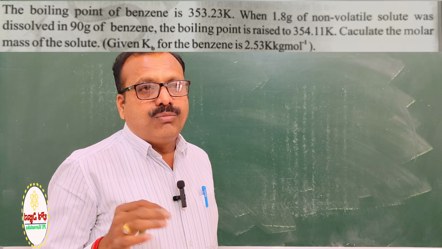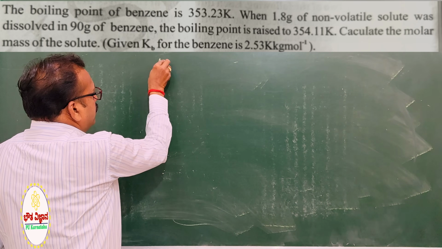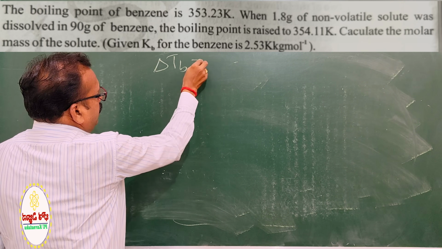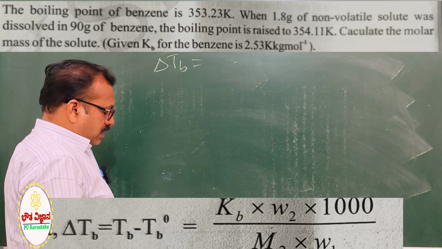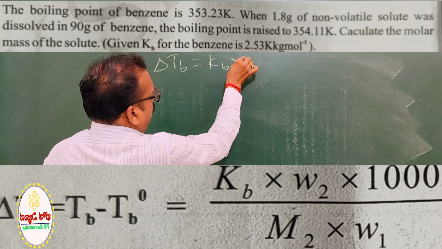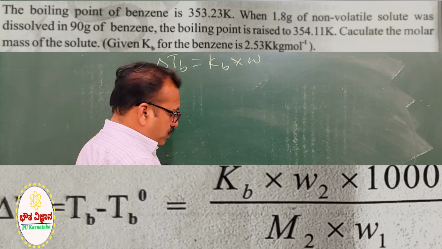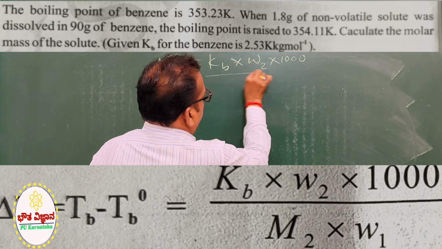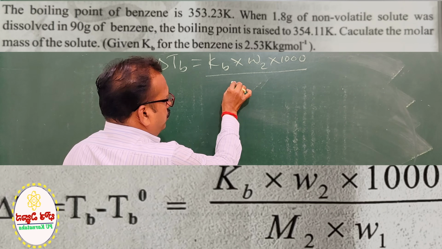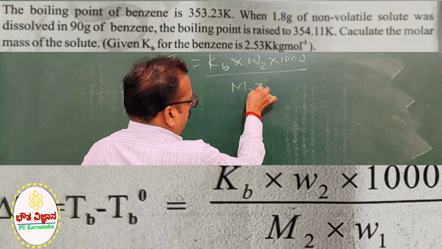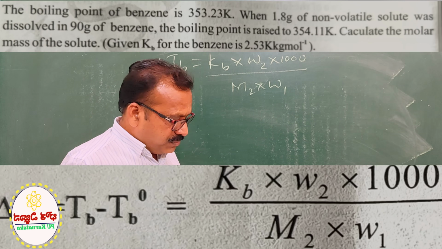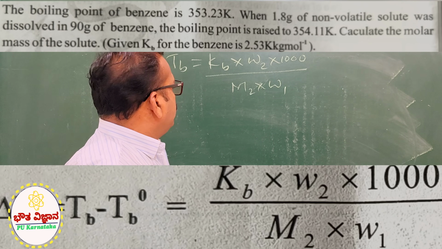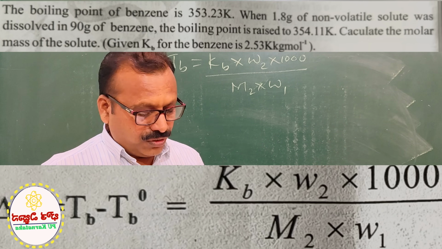elevation in boiling point, del Tb equal to Kb into W2 into 1000 divided by M2 into W1. So using this formula we are going to solve the problem.